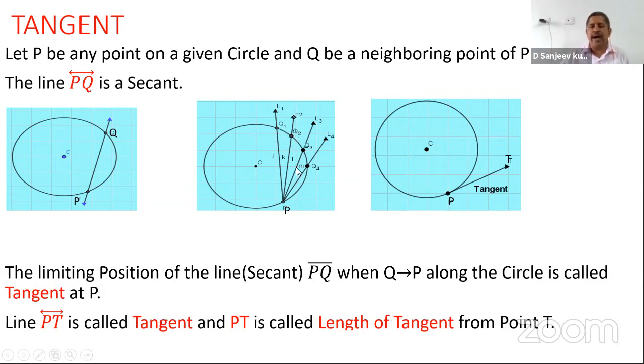So the line PQ, as Q is approaching P, as Q is coming nearer and nearer to P, the limiting position is called the tangent at P. So the limiting position of line PQ when Q approaches P along the circle is called the tangent at P. So the line PT is called a tangent, and for PT, where I put a bar, it means it is a line. Where I don't put anything, it is simply a value. So PT is the length of the tangent from the point T. Have you understood this?